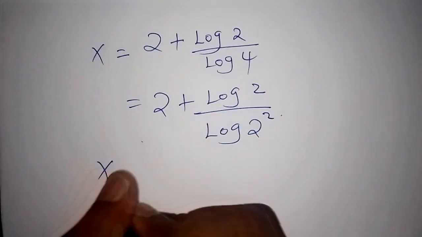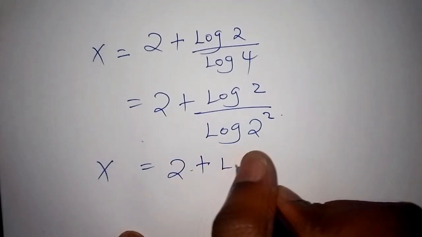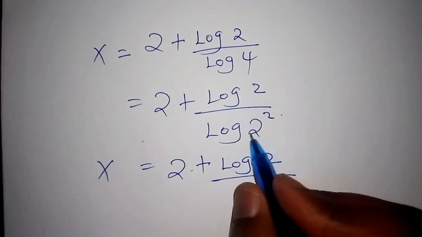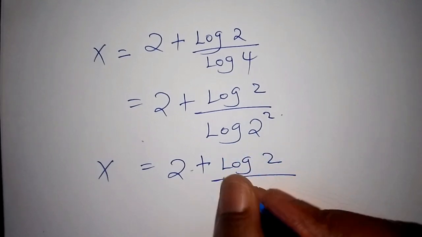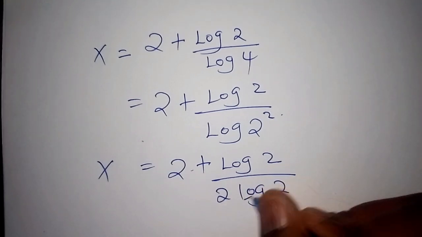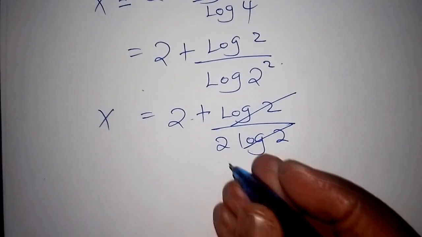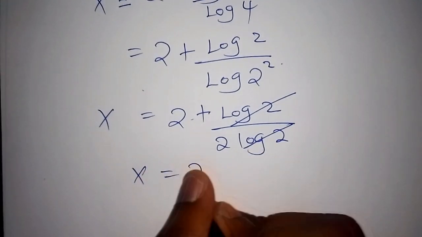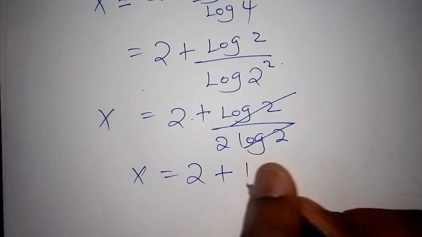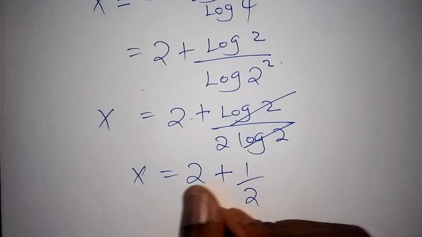So x is equal to 2 plus the log of 2, all over 2 log 2 in the denominator. Now the log 2 will cancel each other. So we have x is equal to 2 plus 1 over 2. Because 2 has nothing, we shall also put it over 1.